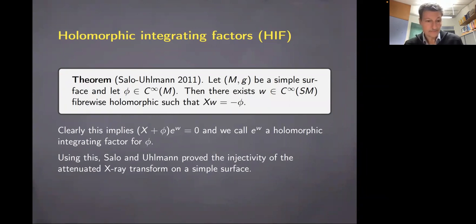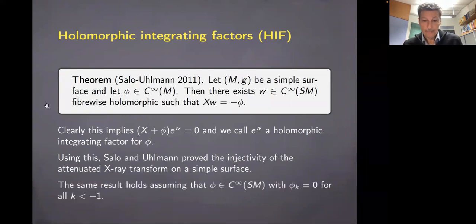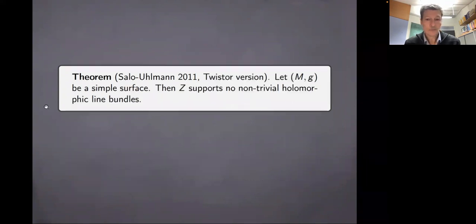So these were great. And the same result, actually, they did it for a function phi, but all that you need here to preserve the natural mapping properties is to know that your function phi has negative Fourier modes from degree -2 and down. And here is now the way one can actually see this.